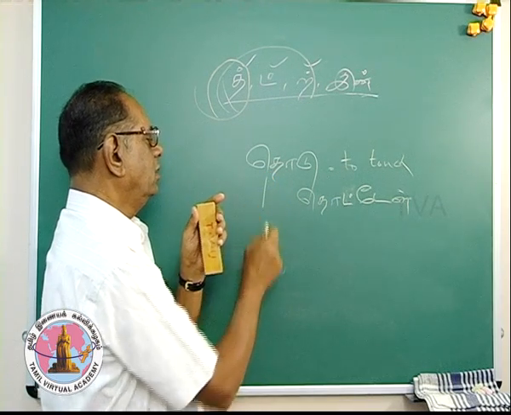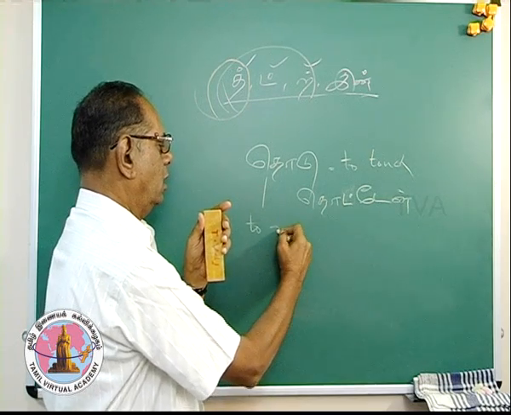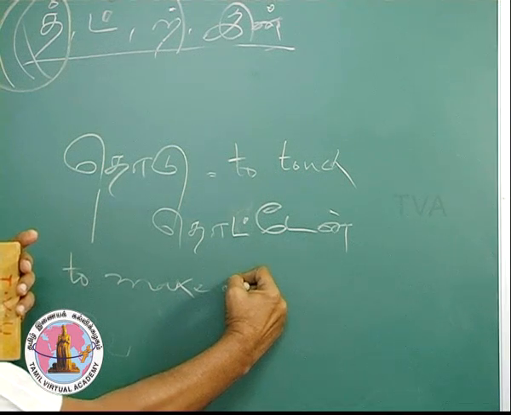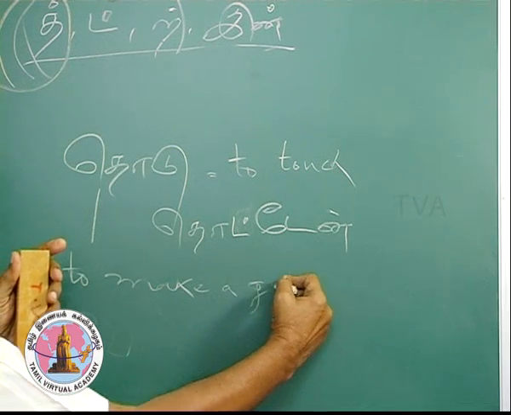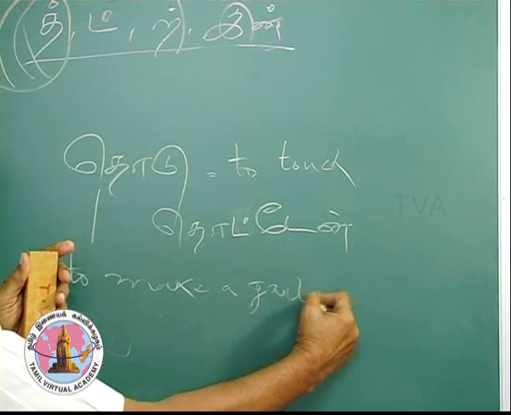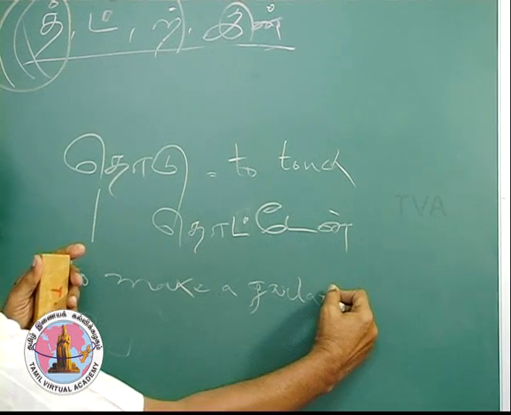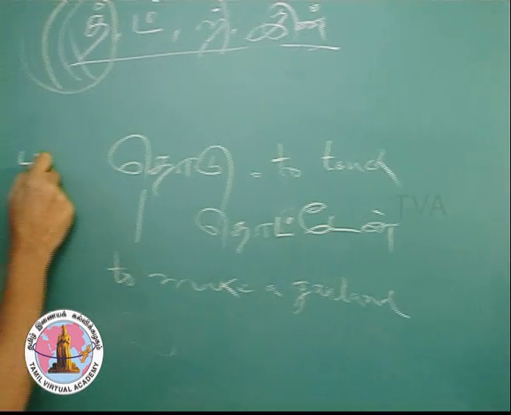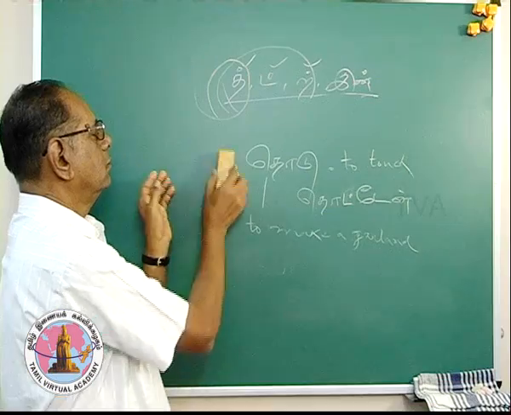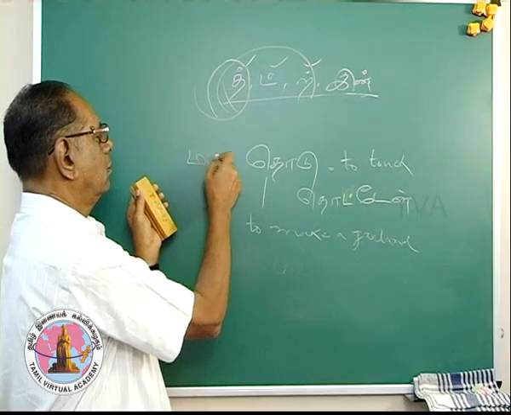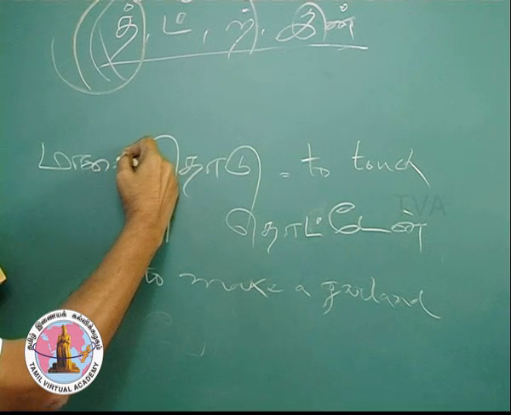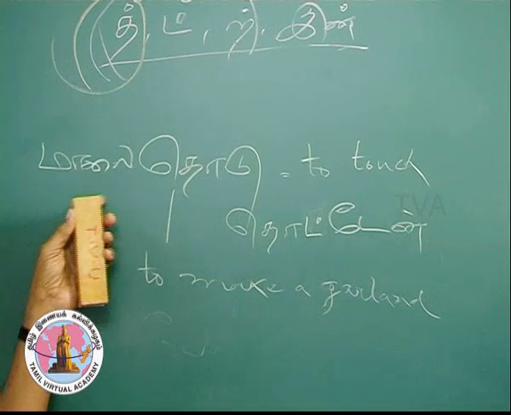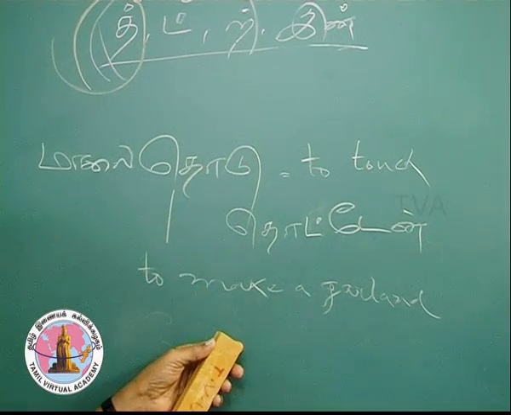This also means to make a garland. Malai, garland. Malai todu, to make a garland.